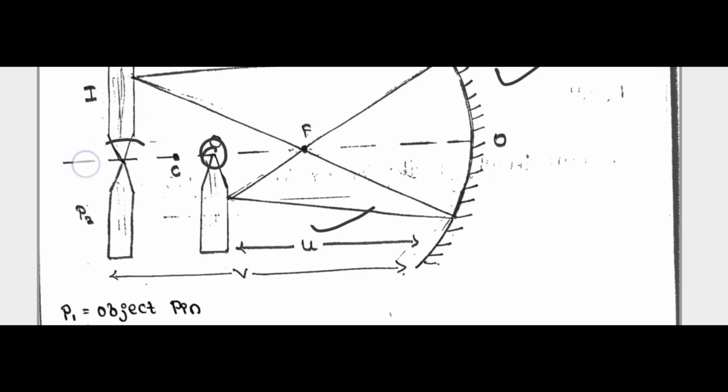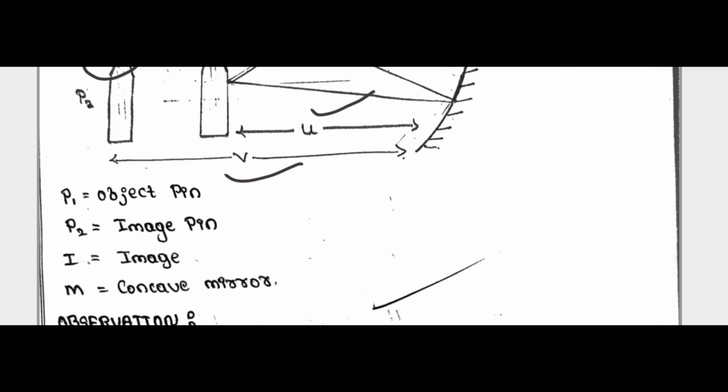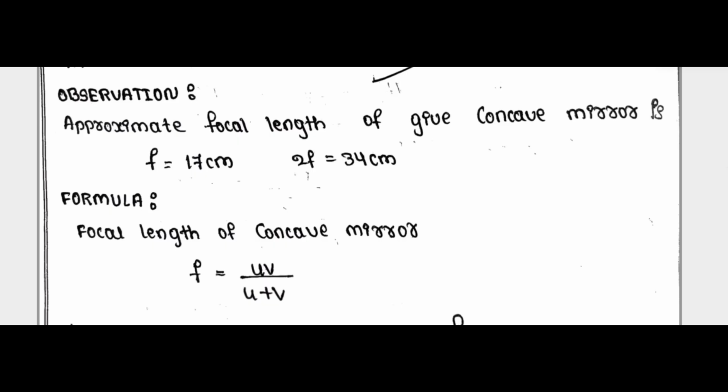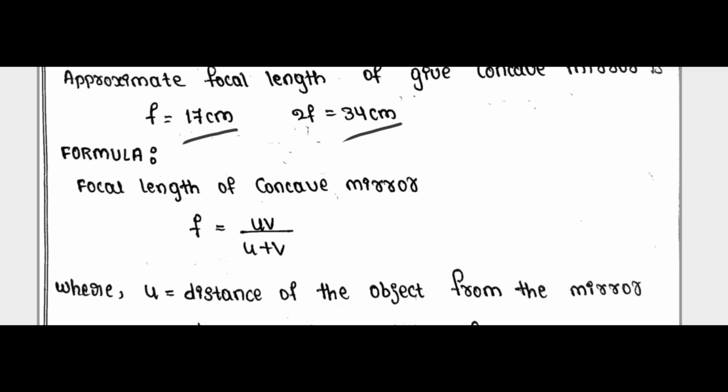Here you are observing the coinciding nature, and this is v, the image distance. And next the formula: f is 17 centimeter, 2f is 34 centimeter. The formula is f equal to uv divided by u plus v. This is the formula for finding the focal length.